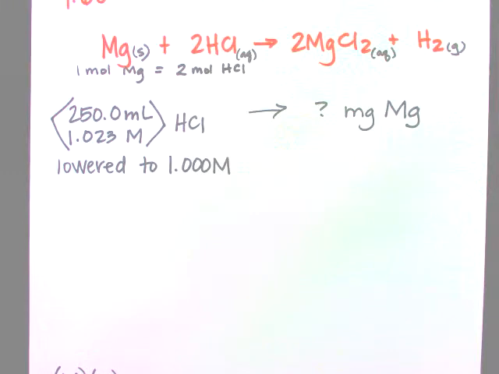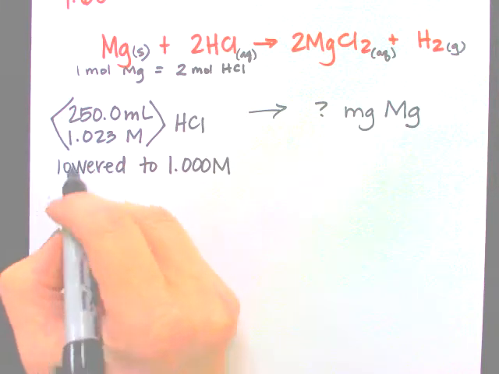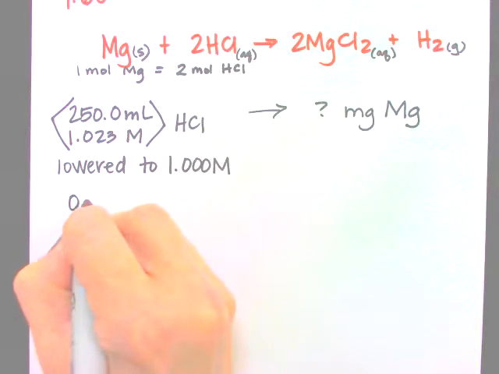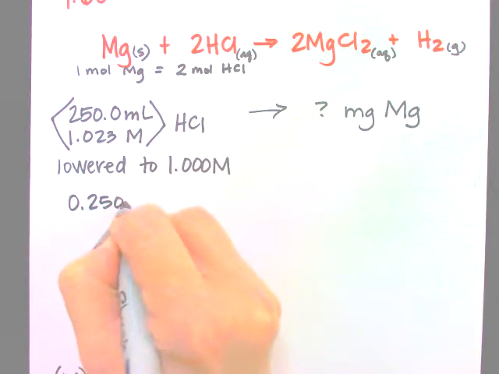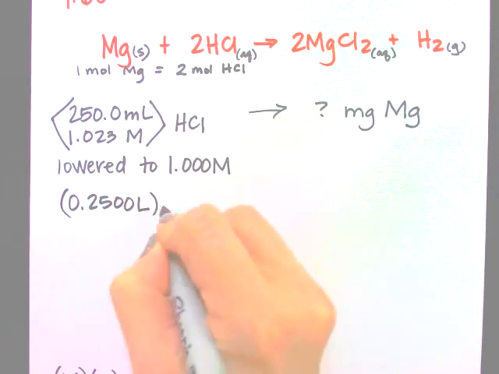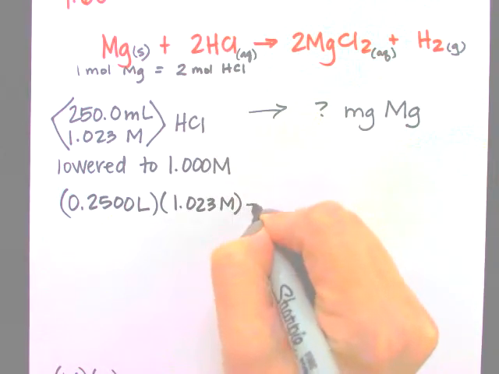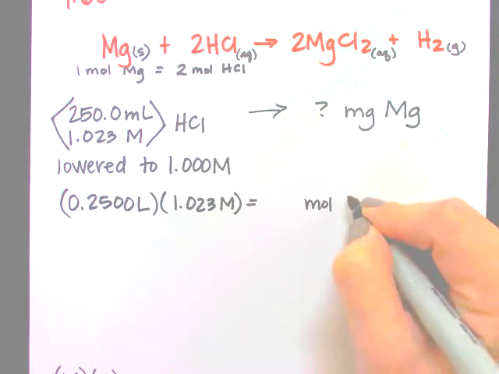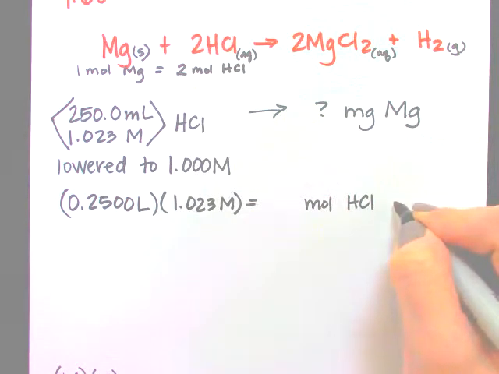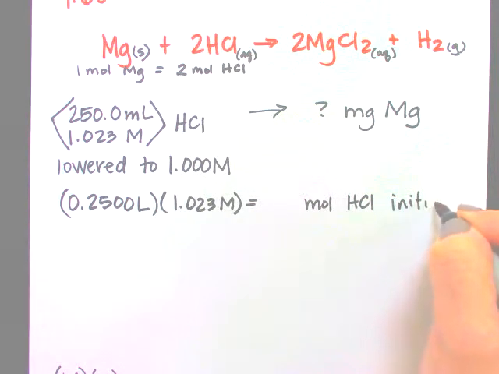So what we need to do first is see how much hydrochloric acid is in the solution. So I'm going to convert the 250 milliliters to liters and multiply by the concentration. This will tell me how many moles of HCl are present initially.